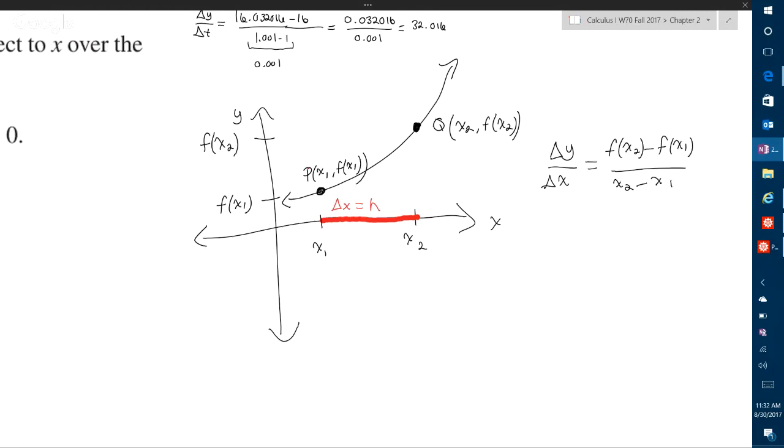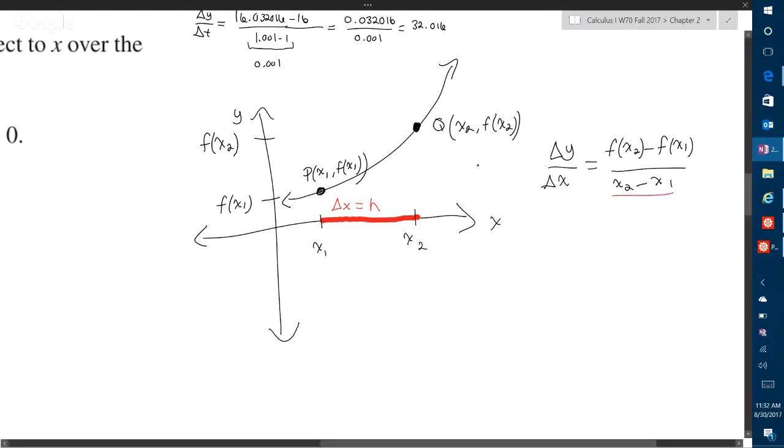Now the change in x, I have an explicit equation for it there. The change in x is x2 minus x1, right? Okay, so what I'm going to do is come down here. Instead of writing down the change in x, I'm going to write down x2 minus x1 is equal to h. Just substitute it.